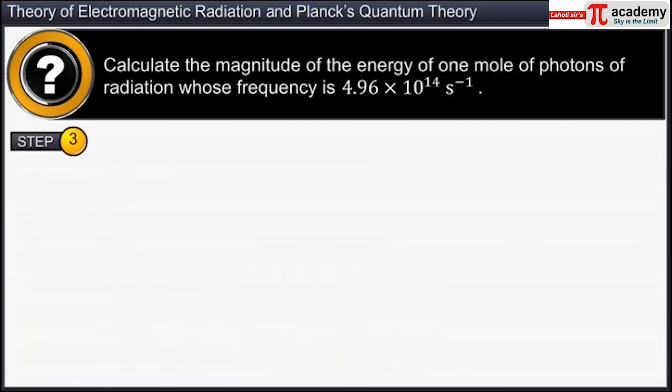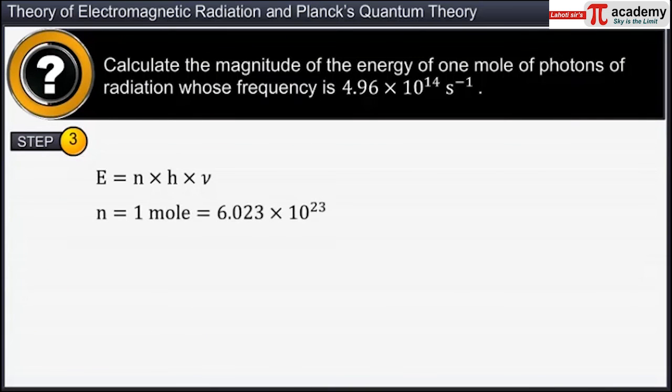The third step involves writing the expression to calculate the energy associated with 1 mole of photons. That is, E equals N h nu. Here, N is equal to 1 mole, that is 6.023 multiplied by 10 raised to the power of 23.